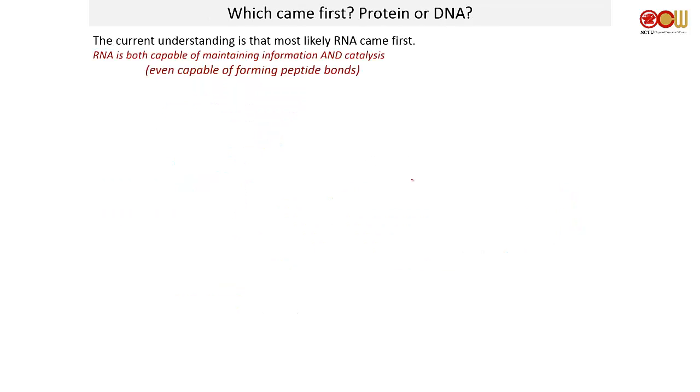Now the question is, that's interesting, but which came first, DNA or RNA? Did RNA evolve the function to go back to DNA, or did DNA evolve from RNA? That's a question that people like to ask. The current understanding is that most likely RNA came first.